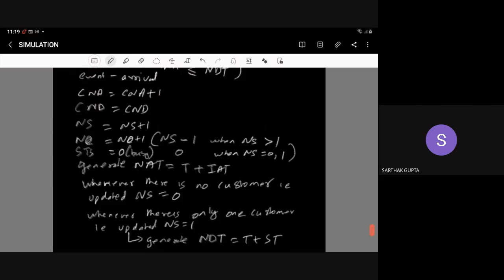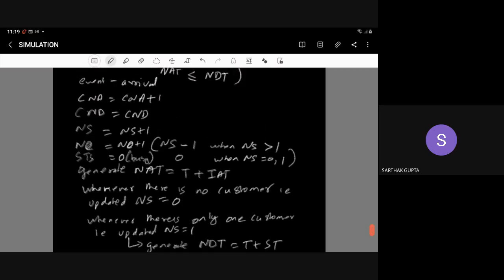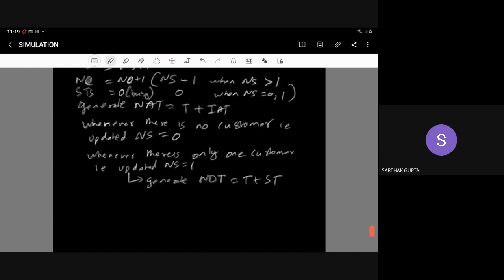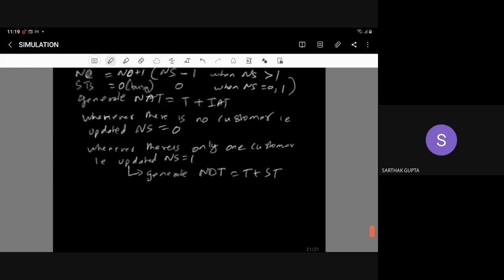So whenever we have the arrival, you have to generate the following things. Next event can be the NDT. The NDT is possible only when NDT is less than NAT and less than TMAX.